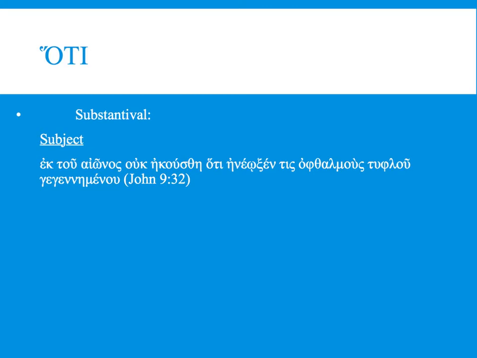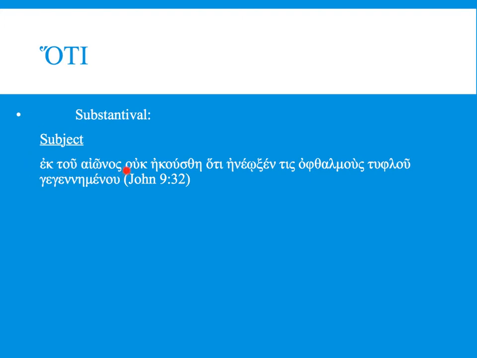Ek tou aionos ouk ekousthe. It was not heard from the ages, right? And this is from John, and these are people debating about whether Jesus healed or not. And you've actually gone over part of this passage.